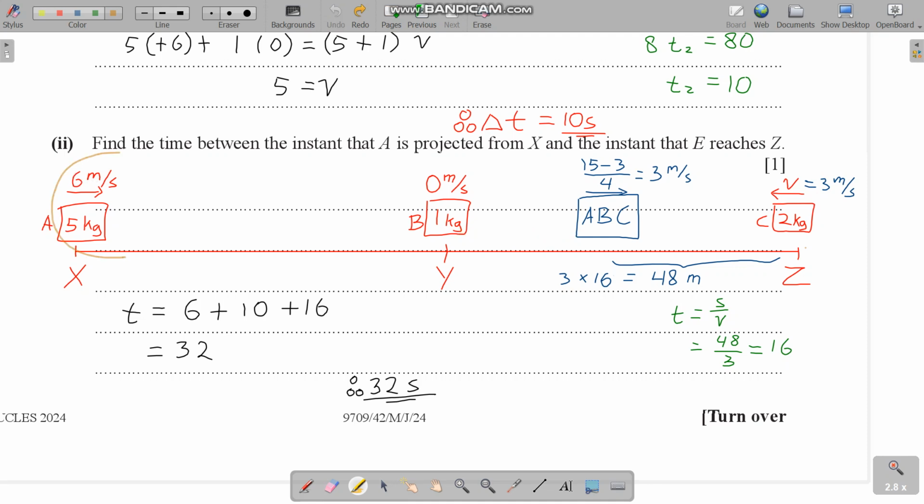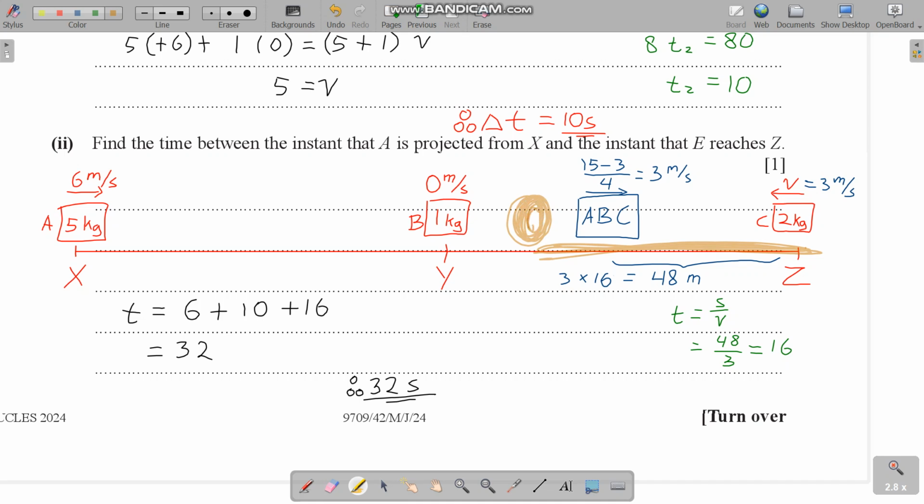So during the first 6 seconds when they combine, C is moving here, and then it's still moving to the left for 10 seconds before it collides with AB. So in total, 10 plus 6, C is moving 16 seconds to the left before it combines with AB. In that 16 seconds, it has traveled 16 times 3, 48 meters. So it is 48 meters from the right when all three particles combine and coalesce.